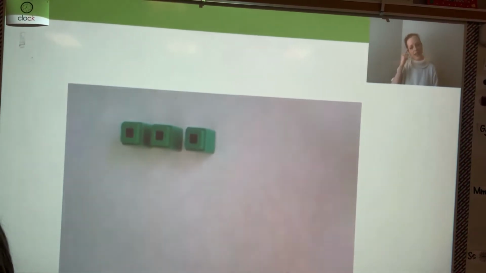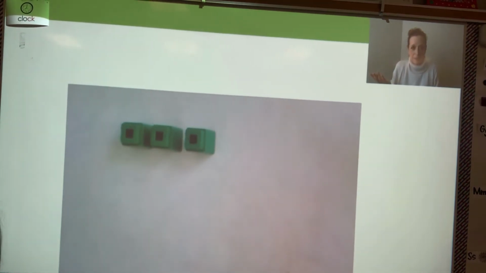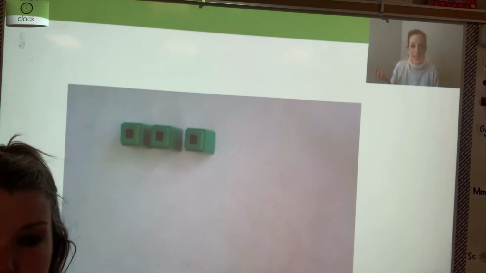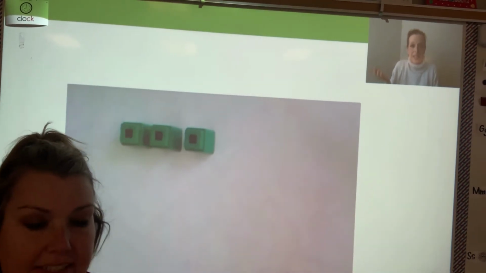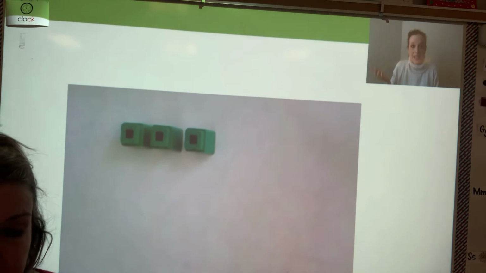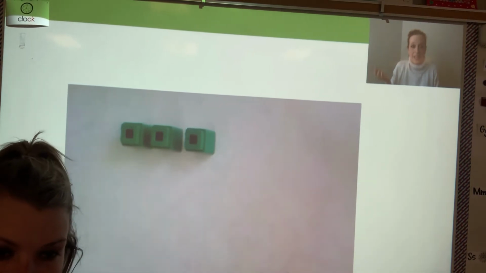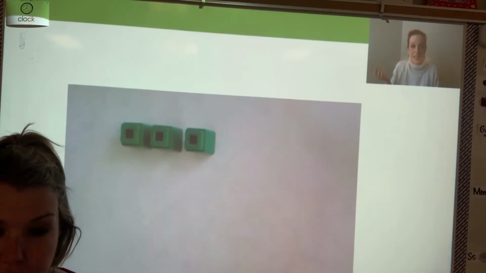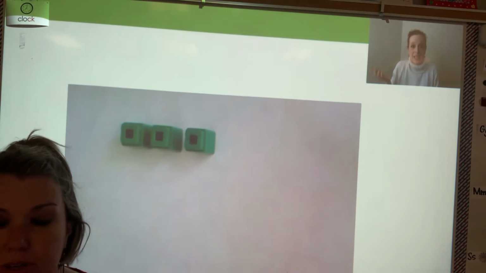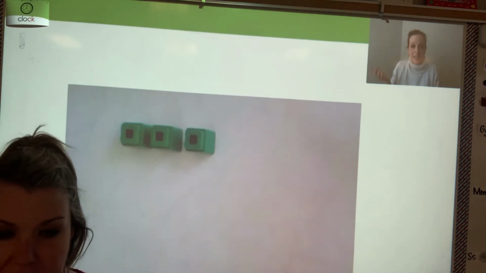Think. Which number should I write first? Raise your hand. What number is she going to write first? DJ, what number is she going to write first? 2? You think she's going to write 2? Okay. Who else has a thought?